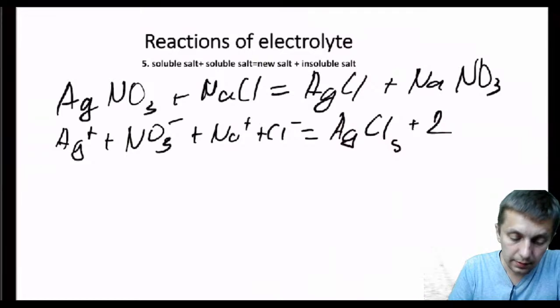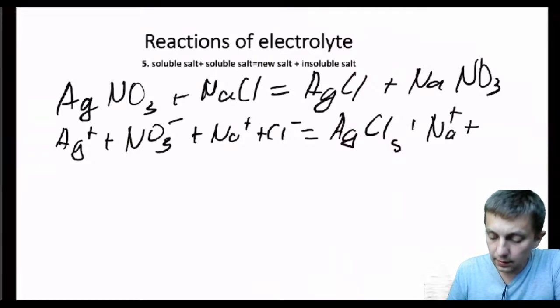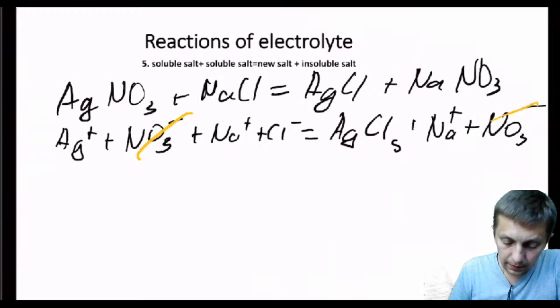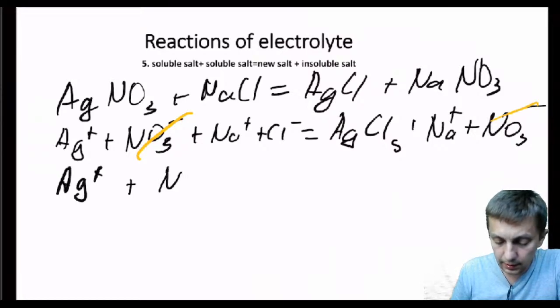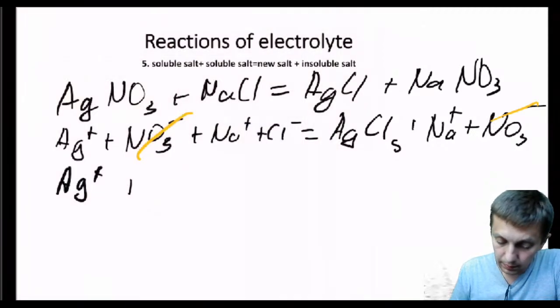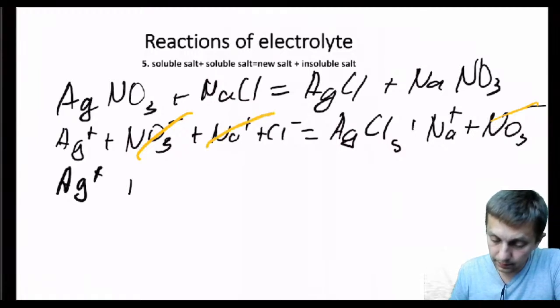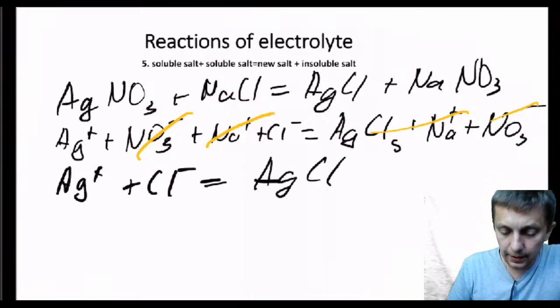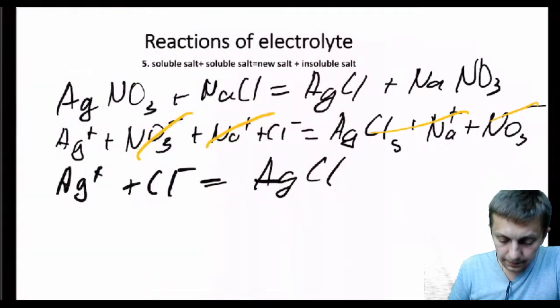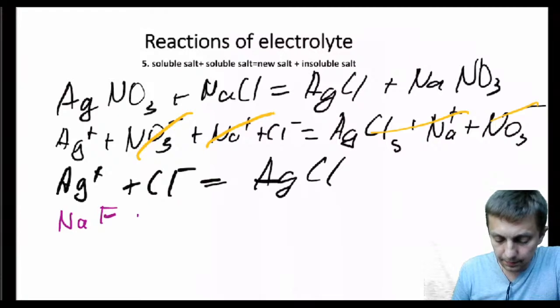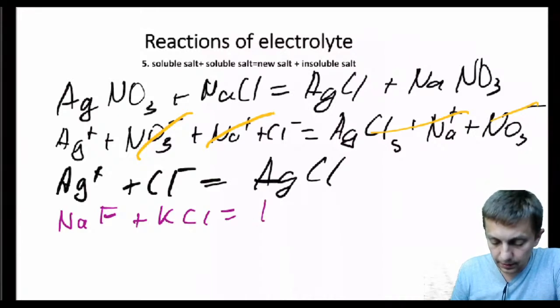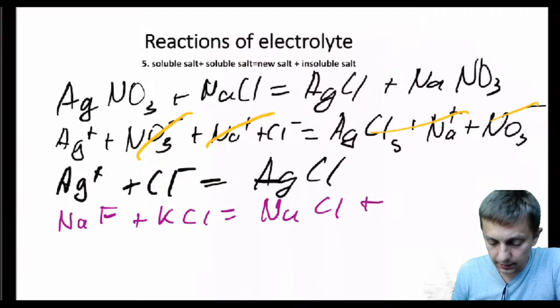and cations and anions, and if we simplify, we get Ag plus, one moment, oh, not all, Cl minus gives AgCl. For example, NaF plus KCl, both soluble salts actually, I just know it, gives NaCl plus KF.